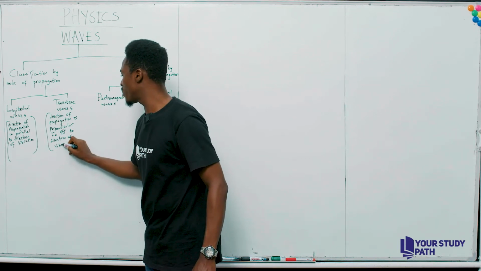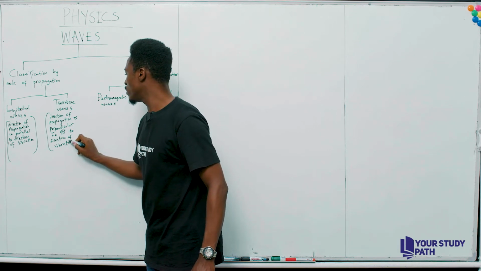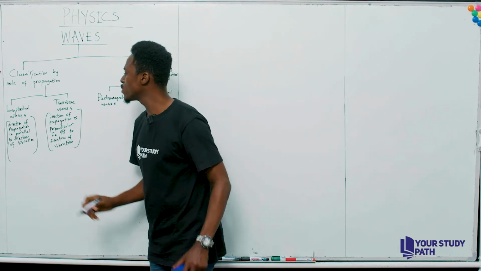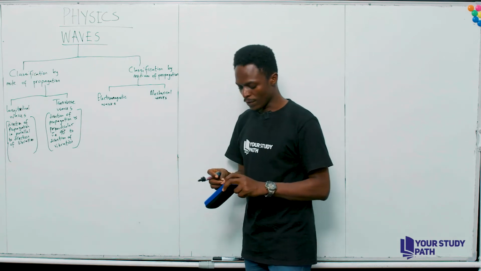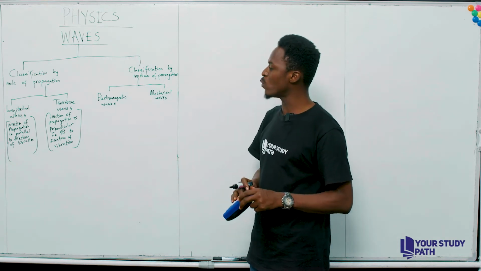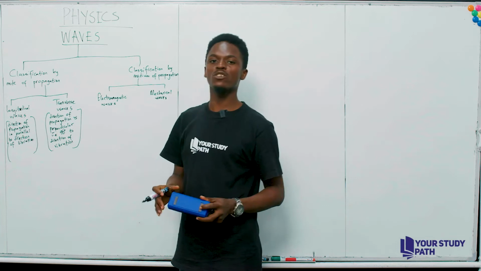Not to worry, I'm going to explain in detail. So whenever we're making reference to the first aspect, we talk about the direction of propagation as being parallel to the direction of vibration.